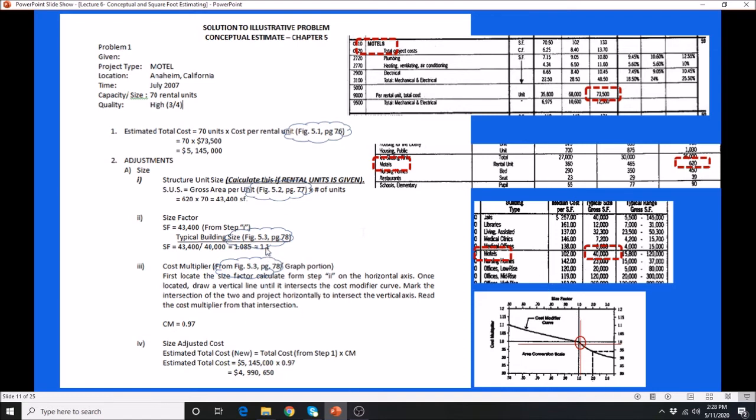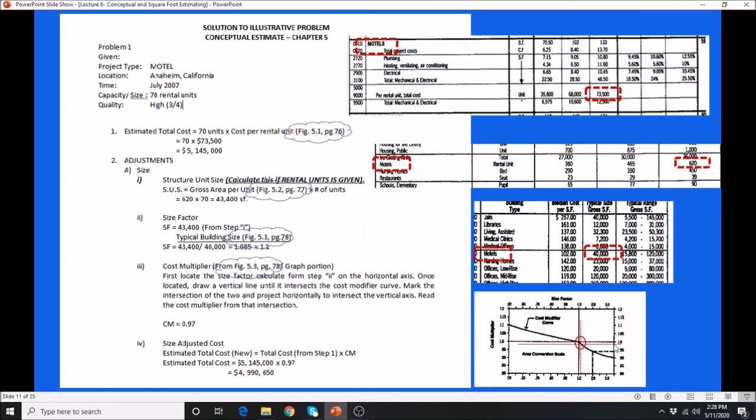Locate wherever this 1.1 is. So for this case, this is approximately the location of the 1.1. Draw a vertical line into this graph until you intersect this curve here. Once you intersect that curve, draw a horizontal line, and you'll be able to determine what we call the cost multiplier, either from the left or from the right.